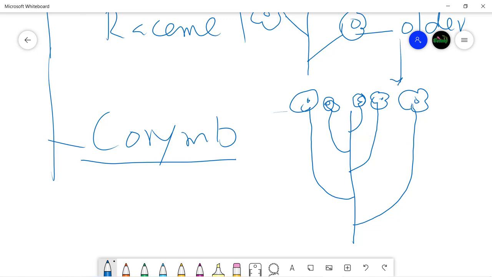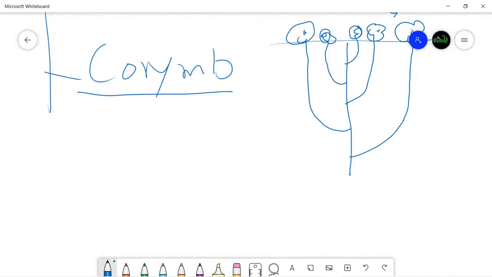Now all the flowers are lying almost at the same plane. This is what we call corymb inflorescence. This is also found in family Brassicaceae.